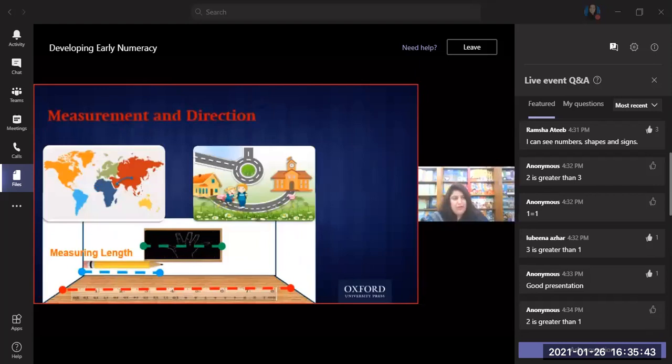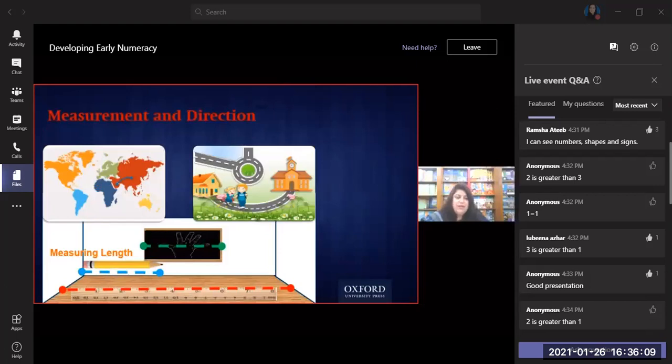Then we'll also be talking to them about the distance of cities, from one city to another city, and then from one country to another country. So the idea of measurement is very, very subtly introduced, and gradually children start using different ways of measurement.